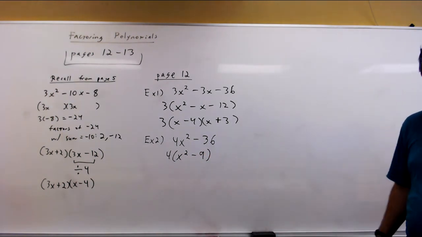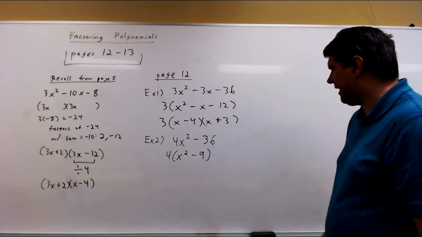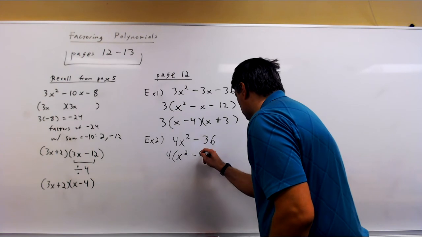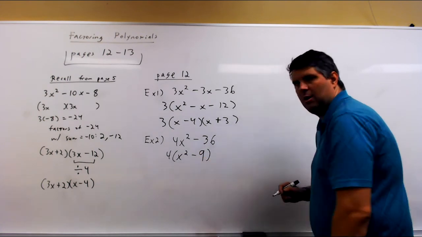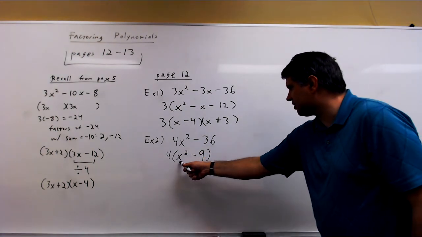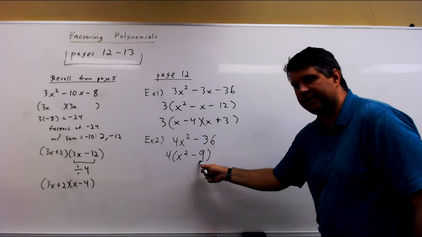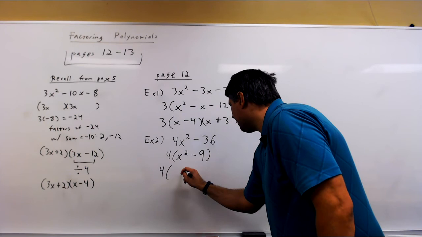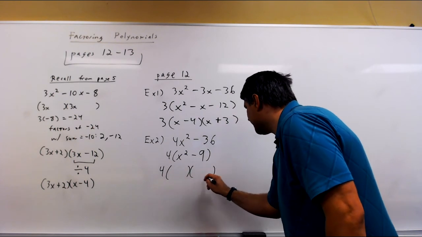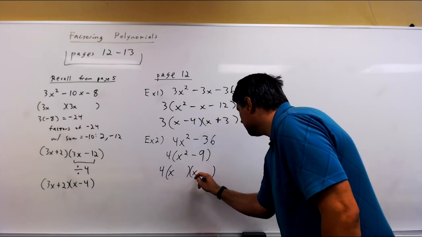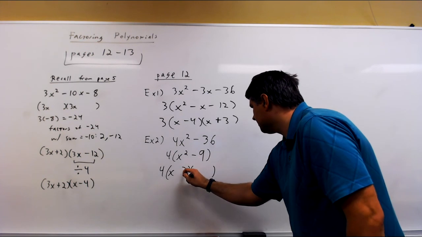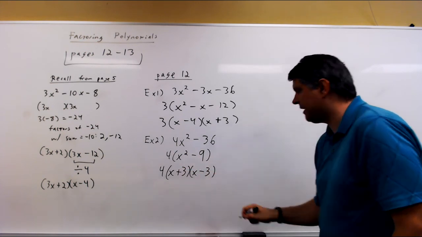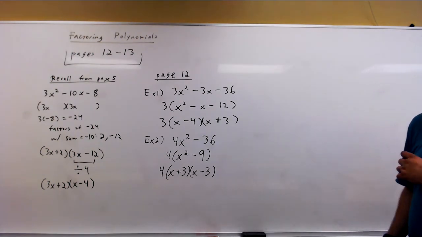That gives me x squared minus 9. Now, that also is a difference of squares. That's x squared minus 3 squared. So I'll keep the 4, and I'll have square root of x squared is x, square root of 9 is 3, plus in one and minus in the other.